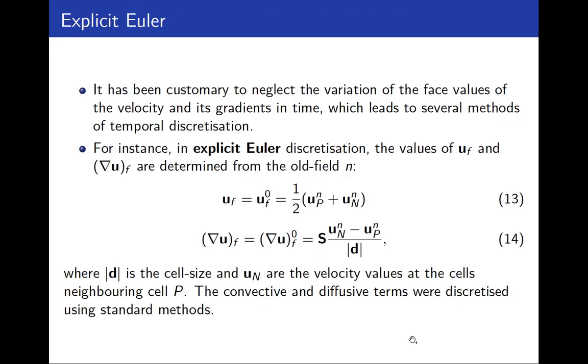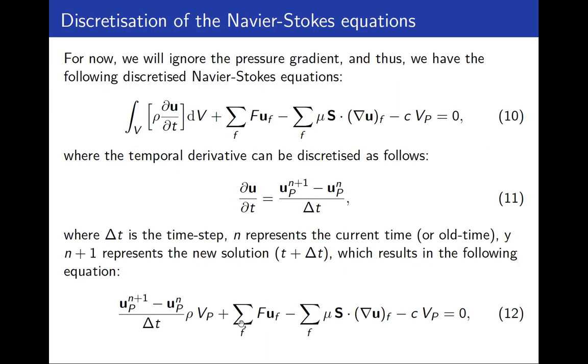We have equation 12. Remember, our goal is to find the velocity field at the new time step. So we have to find a way to solve these algebraic equations. We need to know how we will evaluate the velocity field UF and its gradient at the faces of the cells of our domain.